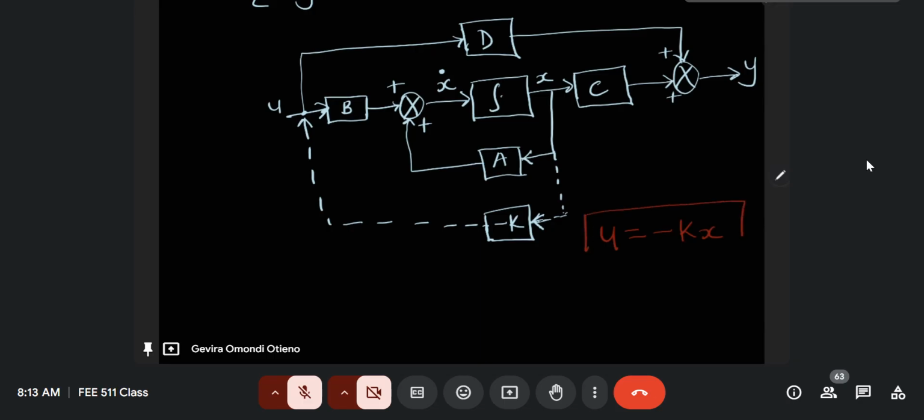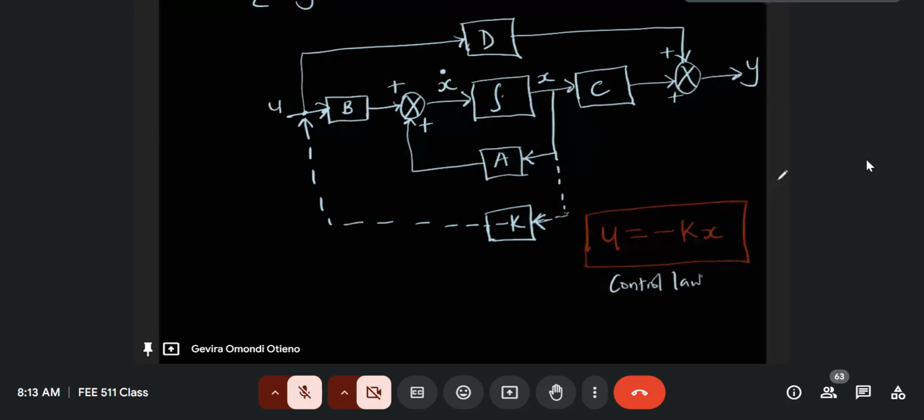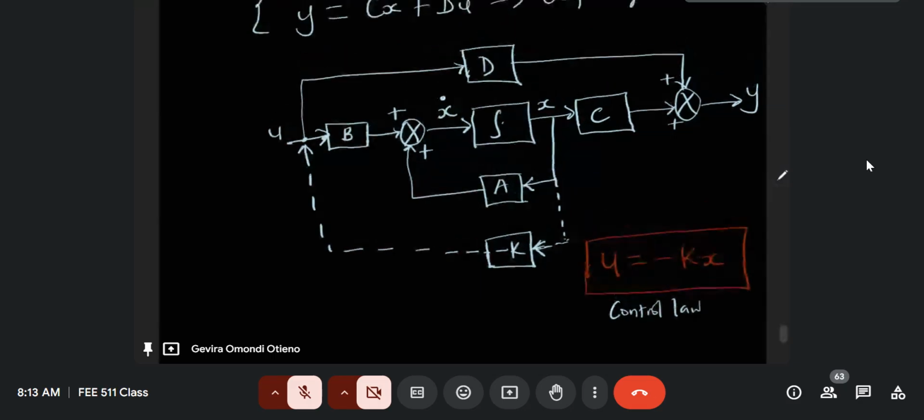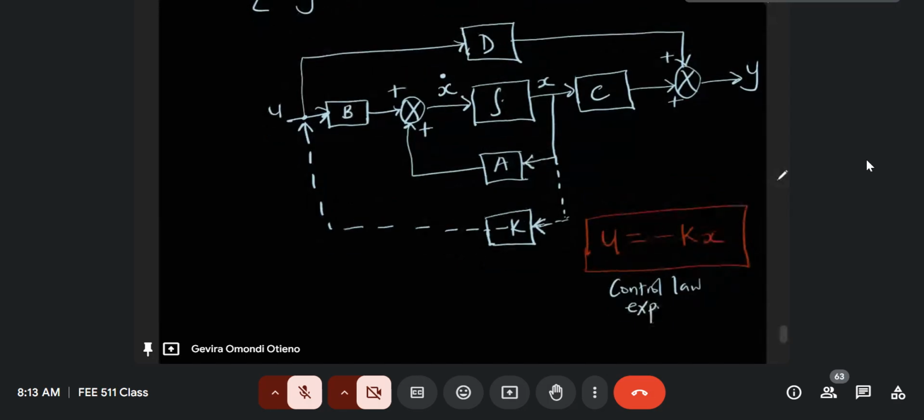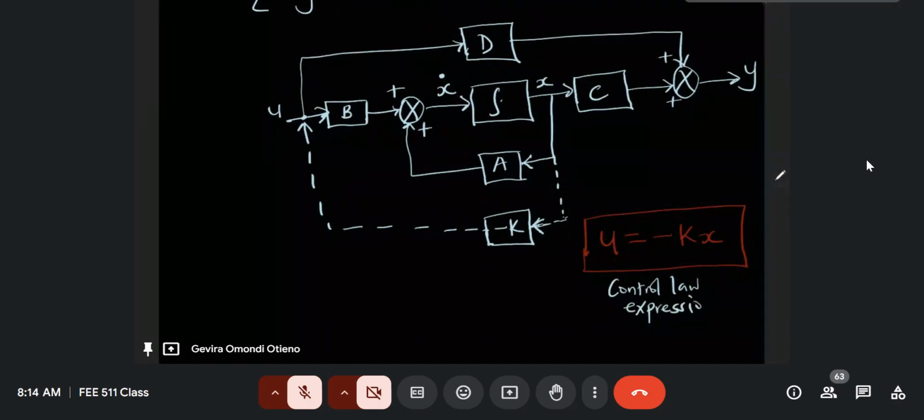Now, for those who remember, this is what we are calling the control law expression. A very, very important expression indeed. We'll see how we make use of this control law expression to carry out design in different areas.